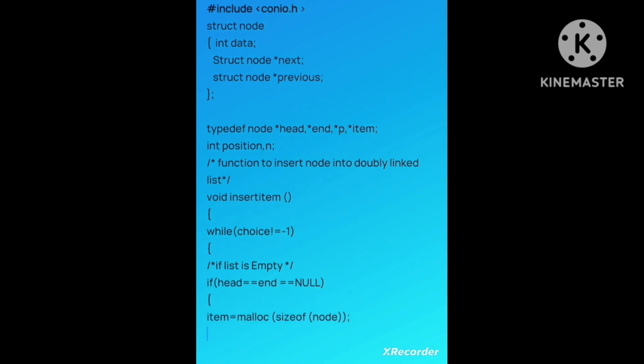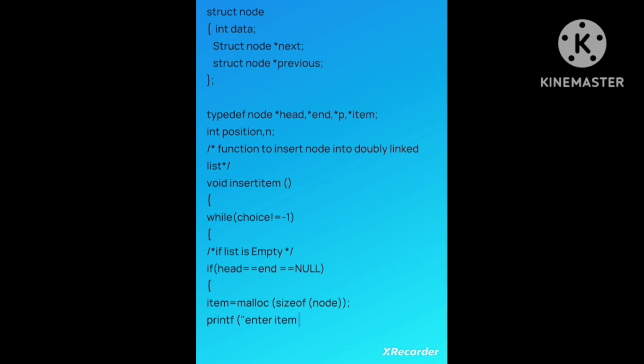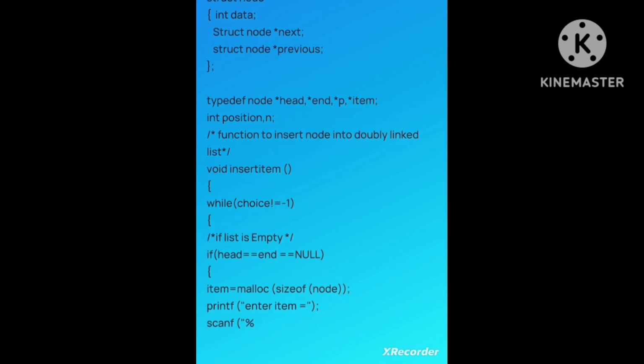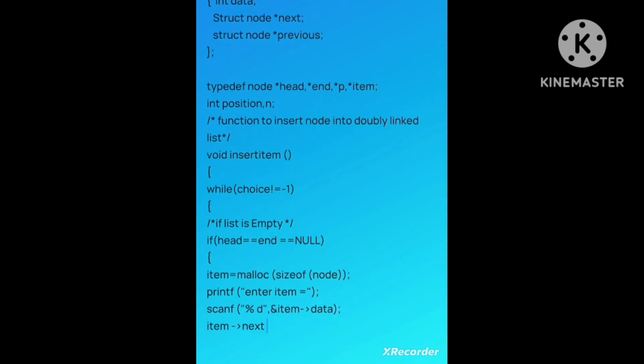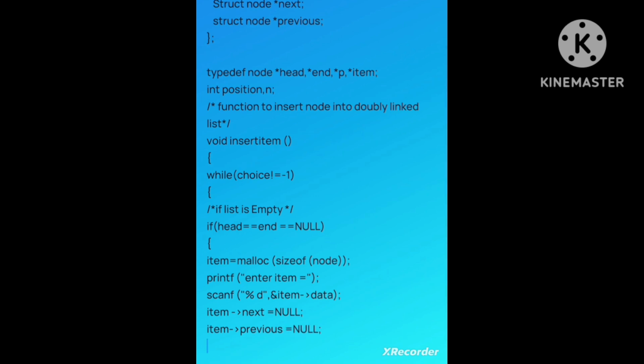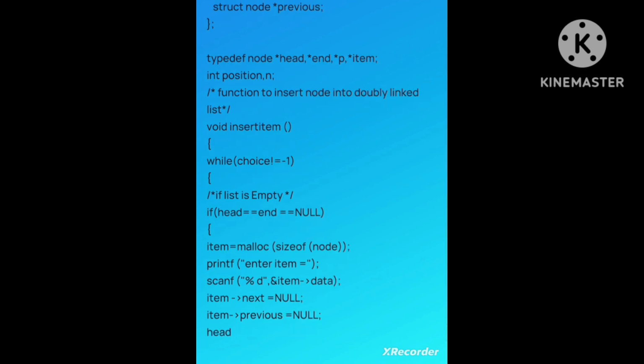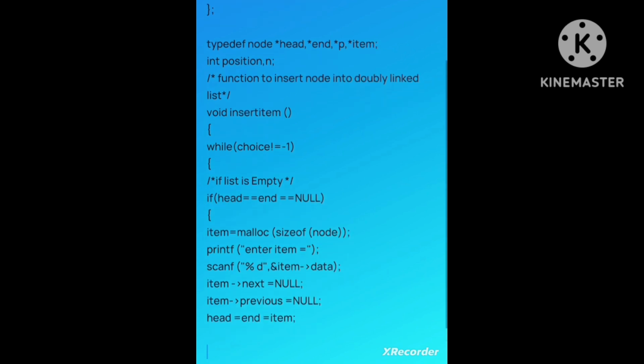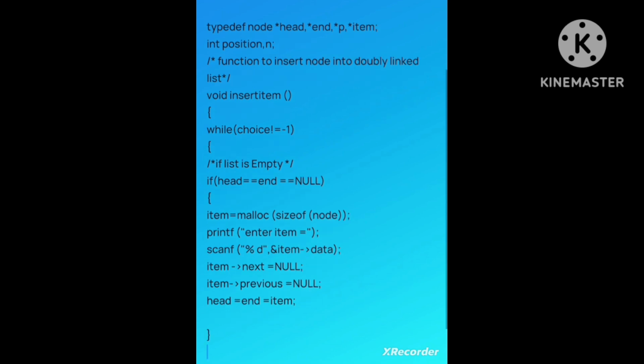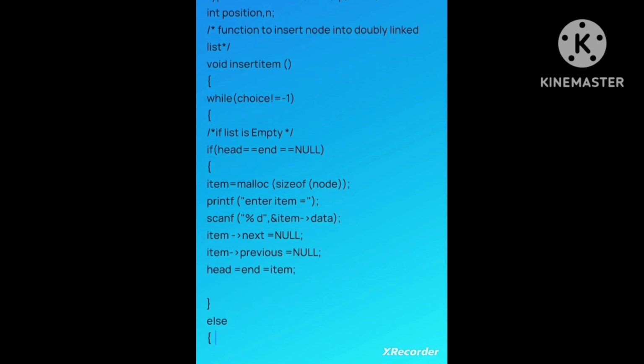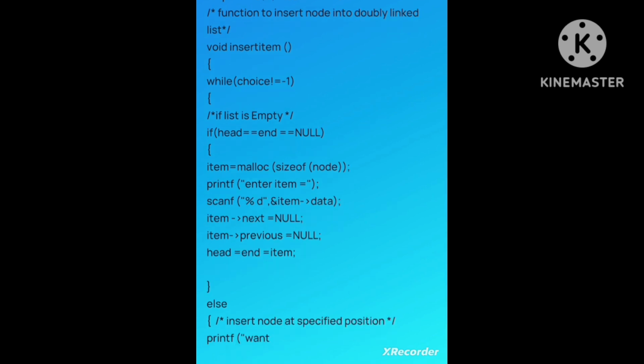And also we will assign, for the forward and backward direction, the two pointers, that is the head and the end pointer. Now let us start with a void insert item operation. First of all we will check for the list to be empty. Now if it is empty, then both the head and end pointers will point to the item node, and the item node will become the first node of the doubly linked list.